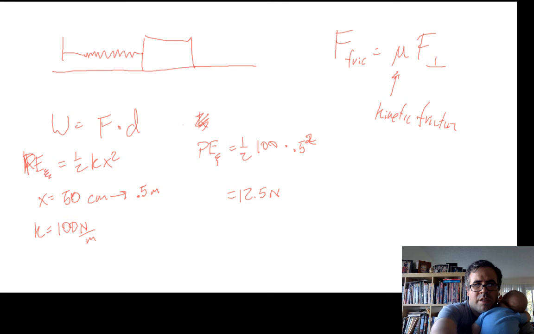And then, are we bringing it to a stop? Because this is how much we start with, and of course the mass is going to be important later. So work done by friction.